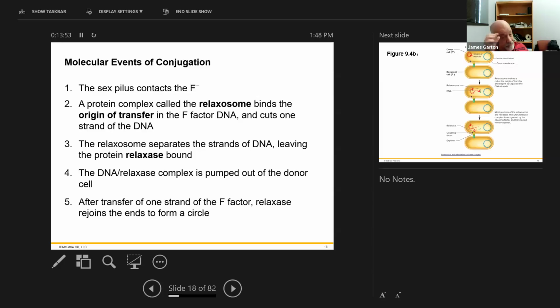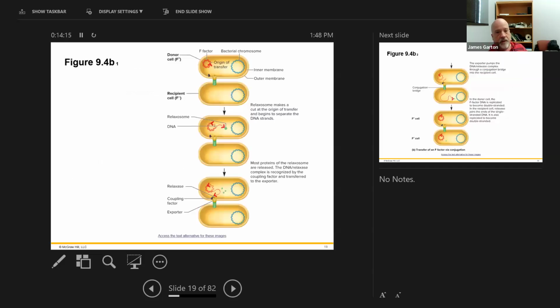That complex of DNA and relaxase is pumped out of the donor cell into the recipient cell. And after the transfer is complete, the relaxase reknits that plasmid into a circle. So wherever the origin of transfer is, you cut it there, the sex pilus is made, you begin to unwind the plasmid and transfer it into the recipient cell.